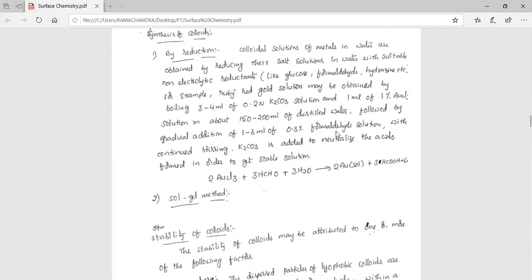So with continuous stirring, we synthesize the colloids. Here we use potassium carbonate to neutralize the acid formed, in order to get a stable solution.